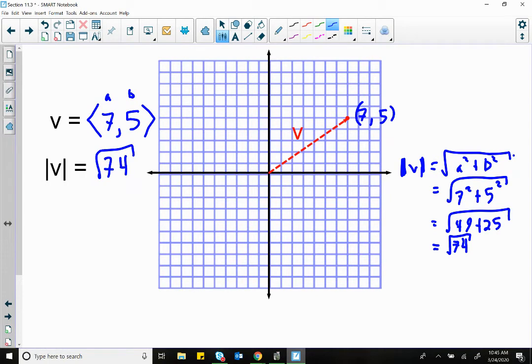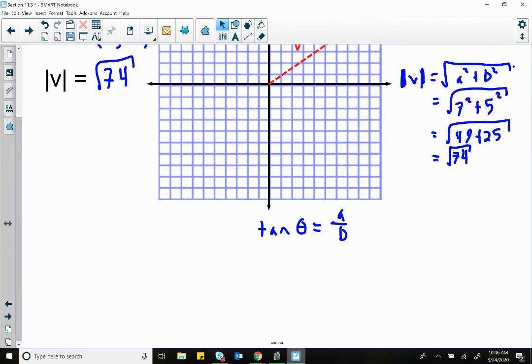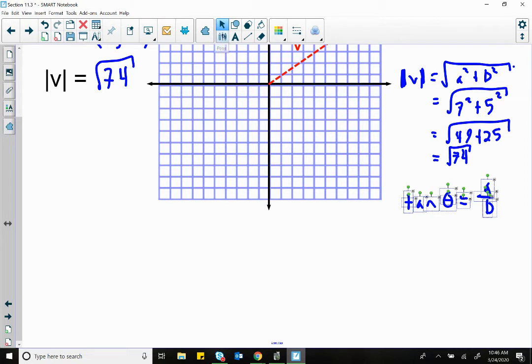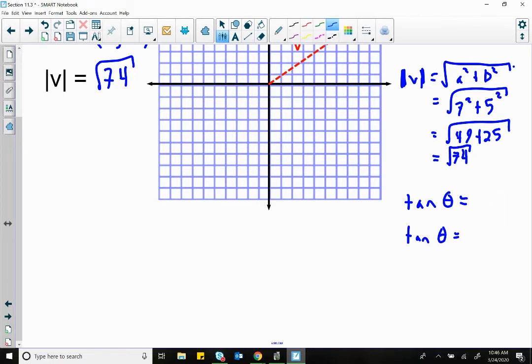And if you want to find the angle of our vector, okay, we can do tangent theta equal to our B over A. Let's just put it over here. So tangent theta is equal to, sorry, it's not A over B, it's B over A. Silly me.